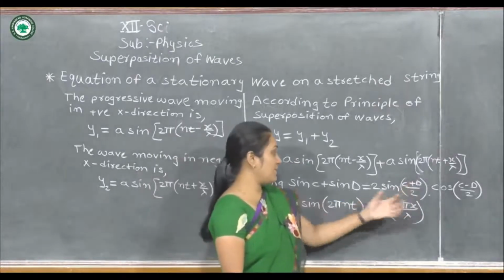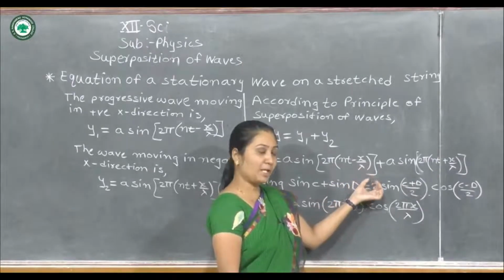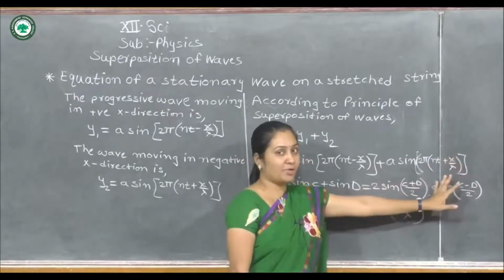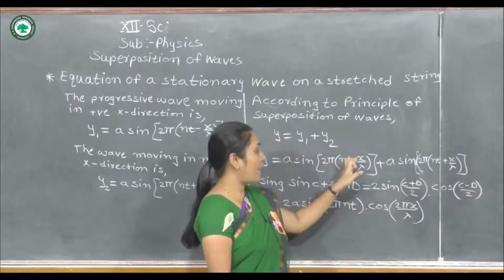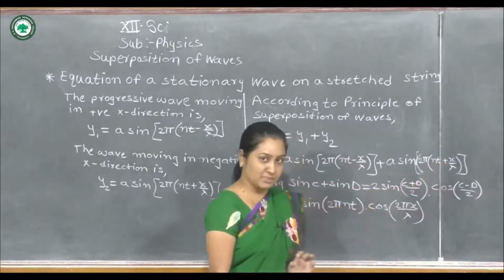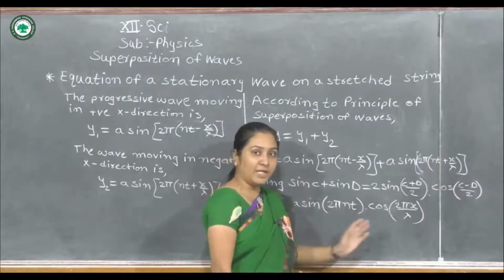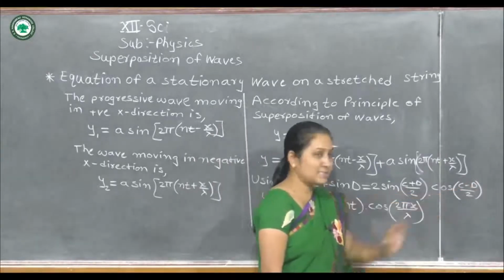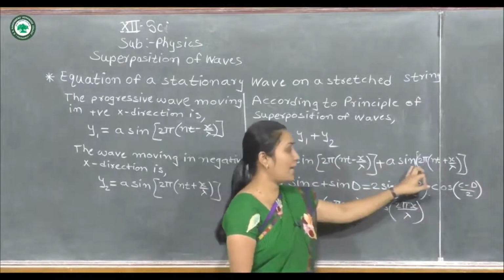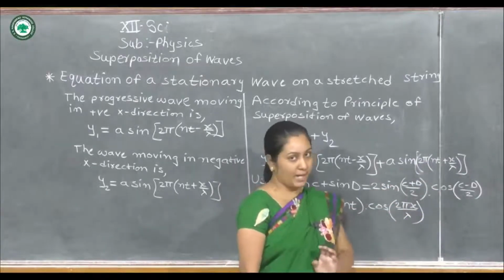So c plus d means 2 pi nt minus 2 pi x upon lambda plus 2 pi nt plus 2 pi x upon lambda. So this 2 pi x upon lambda gets cancelled out. Here is minus, here is plus. So we got sin of 2 pi nt into cos of c minus d. In c minus d, the 2 pi nt cancels and we get cos of 2 pi x upon lambda.